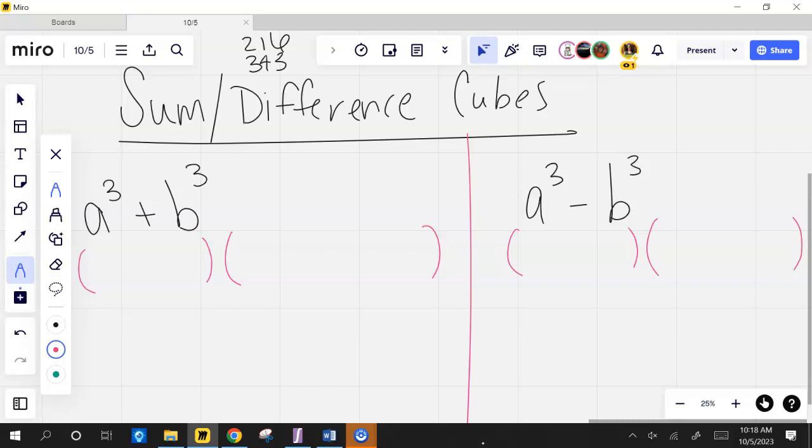Your signs are going to be same, change. This is going to be a binomial times a trinomial. And the last sign is always plus no matter what. Okay? Same thing if it's different. Same, change, plus.